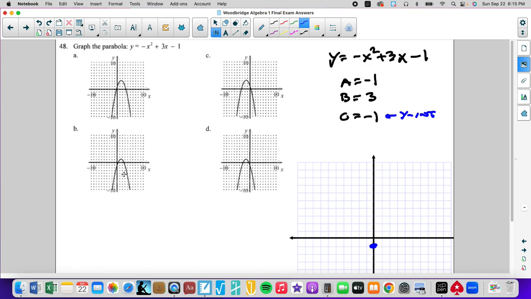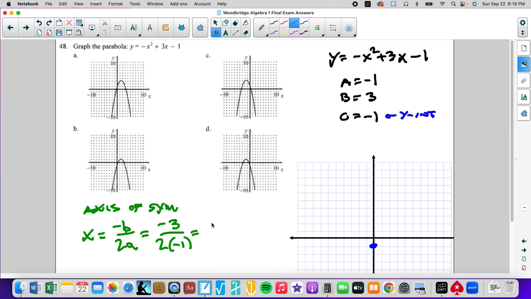And then typically what you do is you find the axis of symmetry. The axis of symmetry is the opposite of B over 2A. So the opposite of my B value, which is 3, divided by 2 times my A value, so negative 3 over negative 2, and that's 3 over 2.